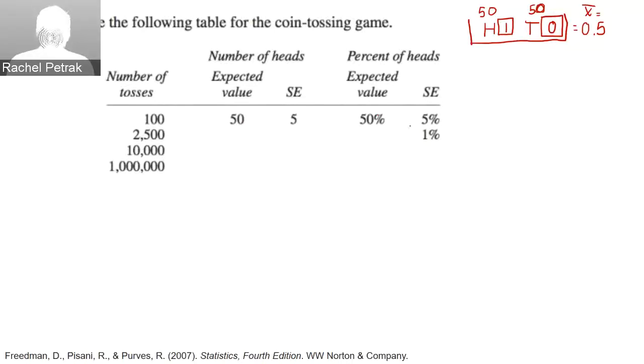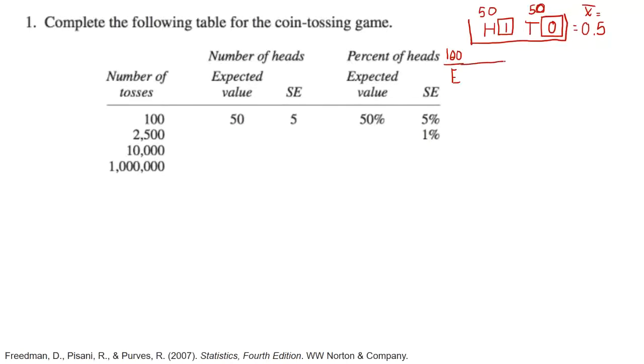The standard error is the square root of the number of tosses times the standard deviation. This is the 100 tosses section.